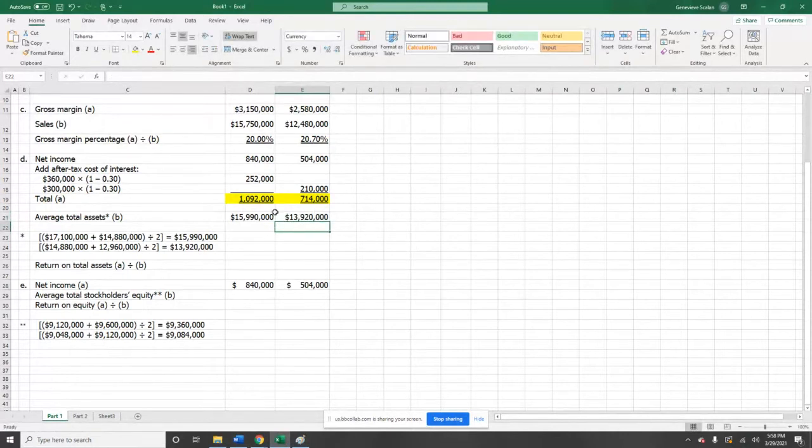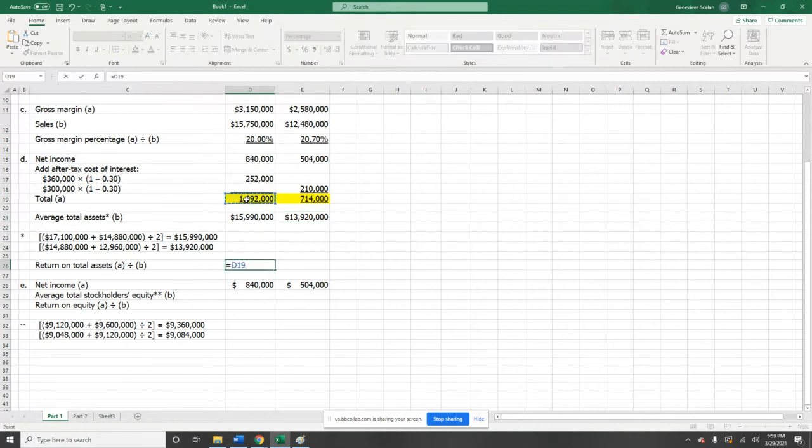There we go. So here's our average total assets. Now we take the average total assets and divide it into that net income, that recalculated net income, right? So 1,092,000 divided by 15,990 and 714,000 divided by 13,920, and that's our return on total assets.